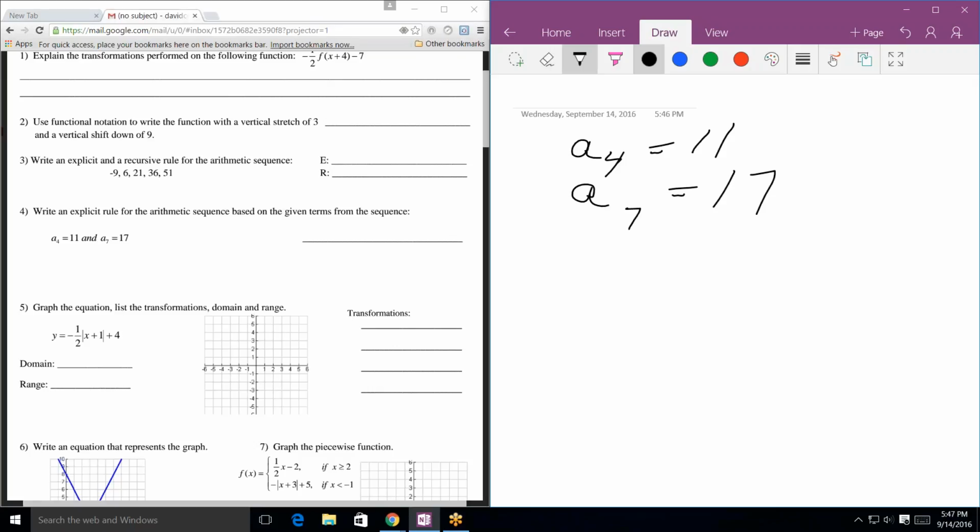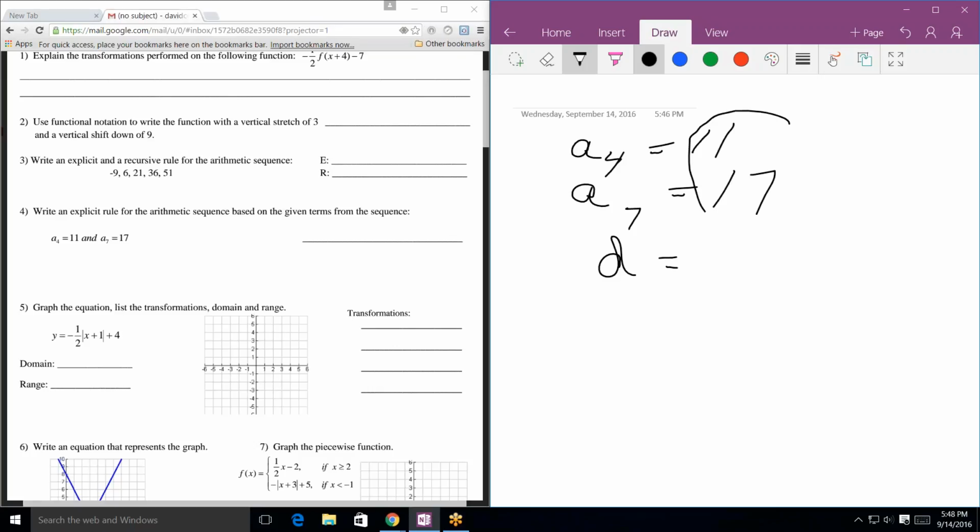Okay? The difference between these two numbers is 6, right? So what's the common difference have to be? If I'm going 6 numbers between 4 and 7, what's D have to be?